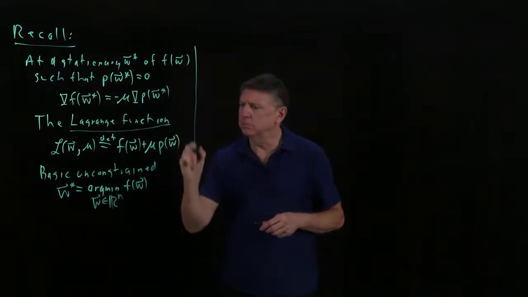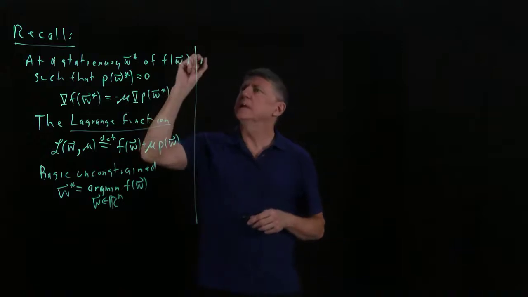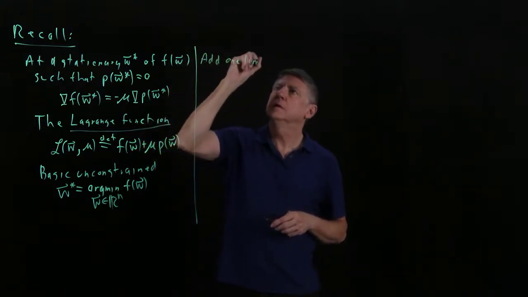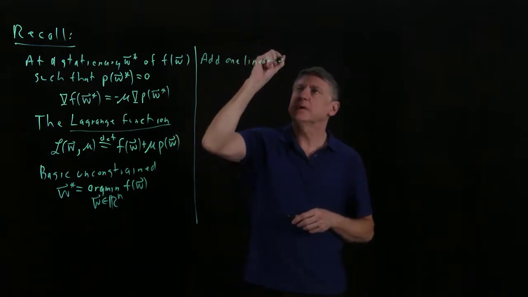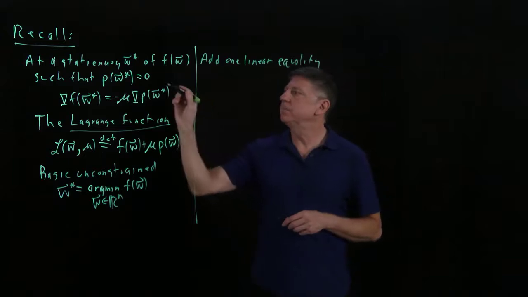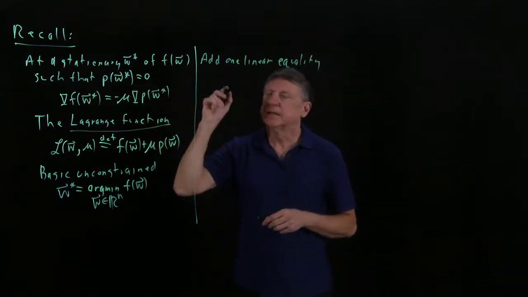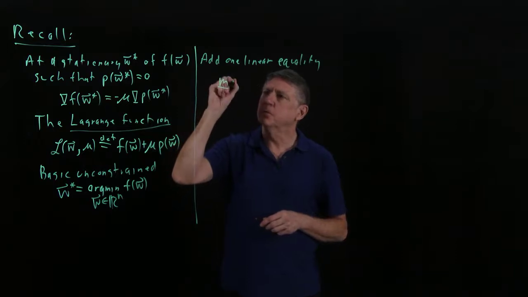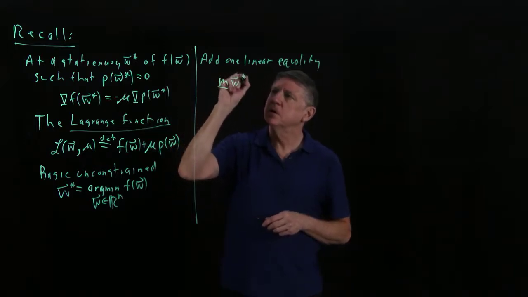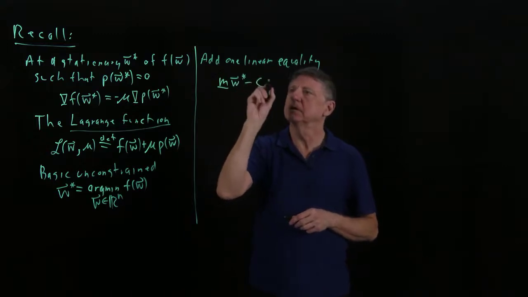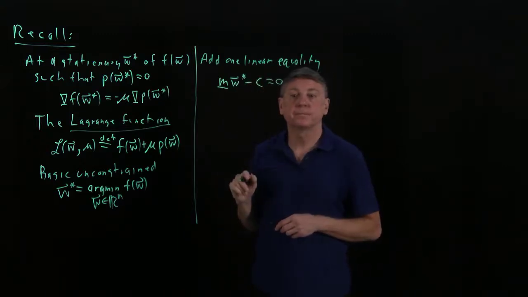What we could do is add, in this case, one linear equality constraint. So this property function, let's suppose that it is a one form times the stationary point minus some constant has to equal 0.